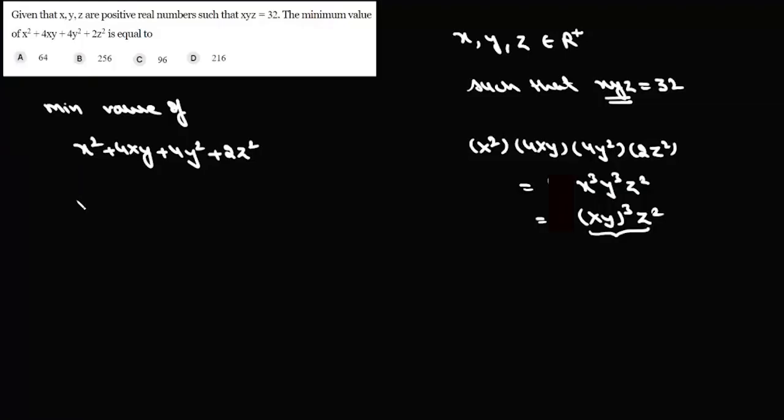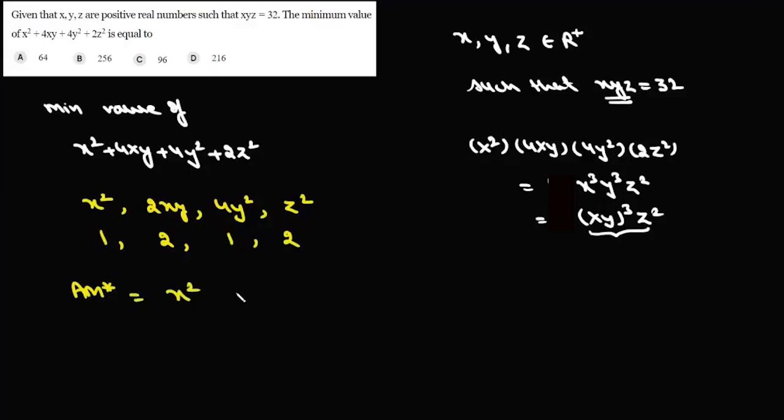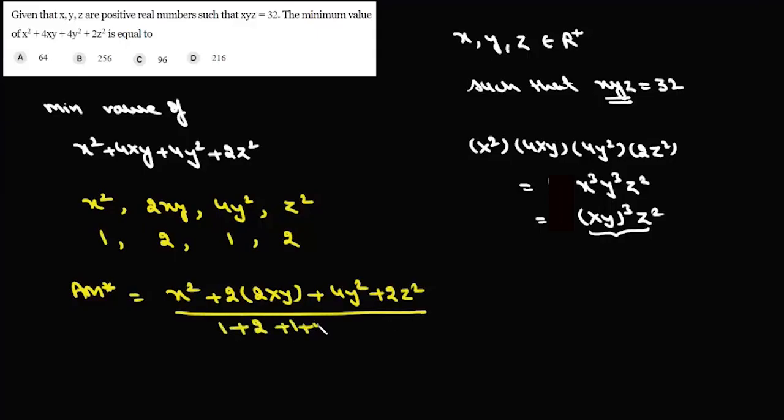So what we'll do is, we'll consider four numbers as x square, 2xy, 4y square and z square, and we'll consider their weights as 1, 2, 1 and 2. Now if we want to write their weighted arithmetic mean, it will be x square plus 2 into 2xy plus 4y square plus 2z square upon 1 plus 2 plus 1 plus 2.